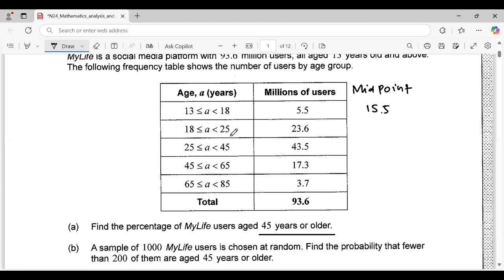Then 18 plus 25 divided by 2 equals 21.5. 25 plus 45 divided by 2 is 35. 45 plus 65 divided by 2 is 55. And 65 plus 85 divided by 2 is 75.